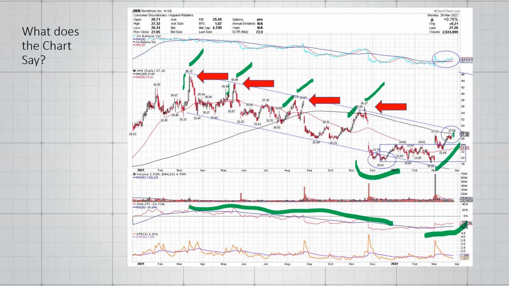If it can get above that and get above the downtrend, that will be very constructive action. Also, this is coming with the relative strength trying to turn up and with very low ATR. The ATR could very well start to jump as it's jumping through here. So really a great case study.